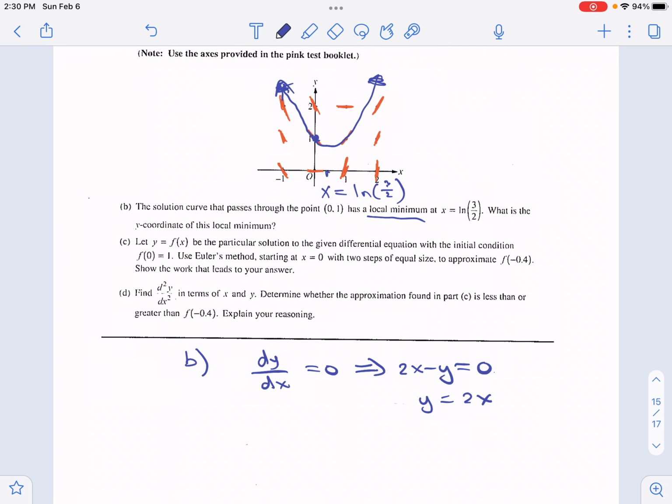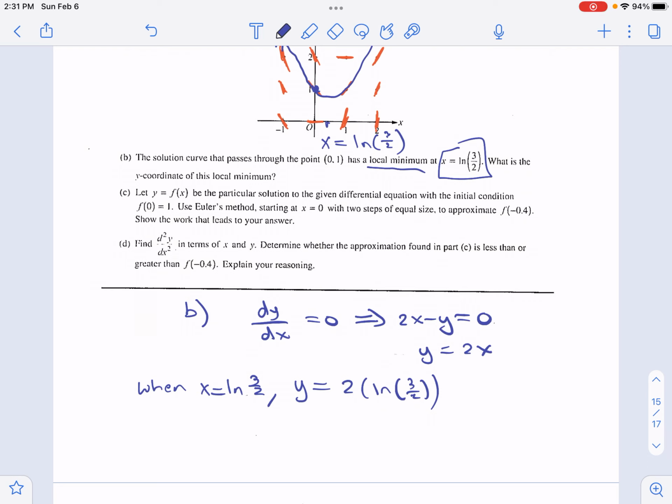But we know that this min has an x coordinate of ln of 3/2, so that means the y coordinate at the min is, when x equals ln of 3/2, y equals 2 times ln of 3/2.